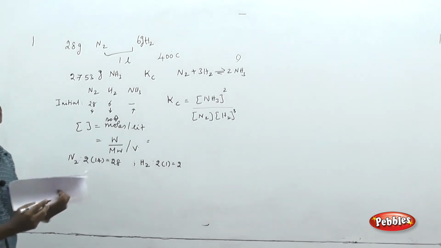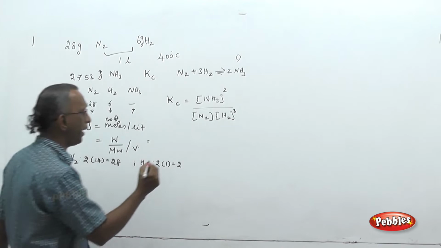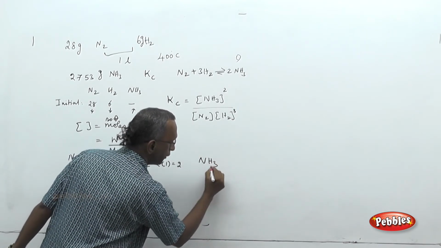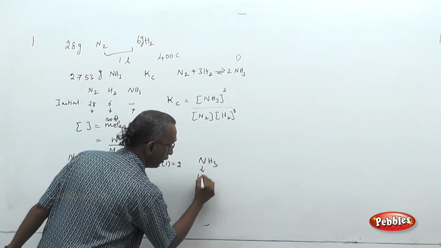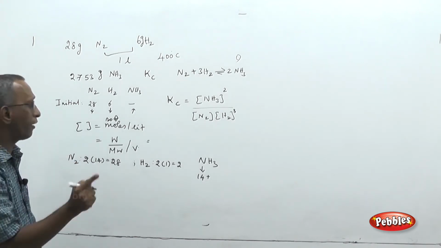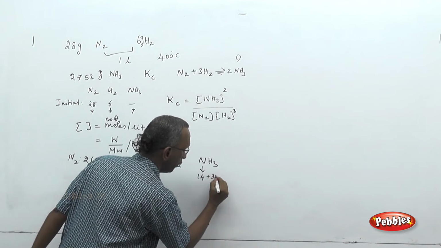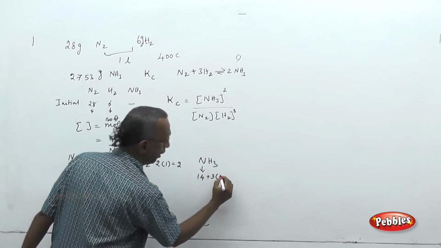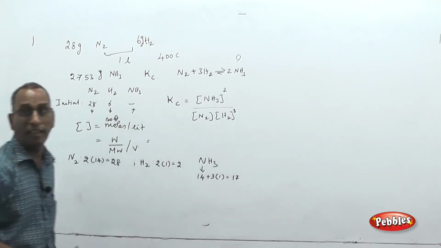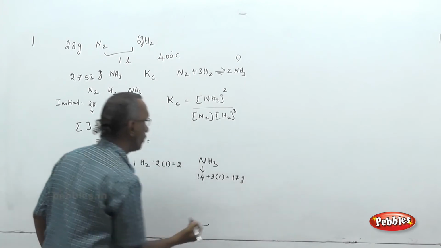So the molecular weight of hydrogen is 2, the molecular weight of nitrogen is 28. Molecular weight of ammonia: nitrogen is 14 plus 3 into 1, since hydrogen is 1, so 17. So 17 grams of ammonia constitute 1 mole. This is the molecular weight.